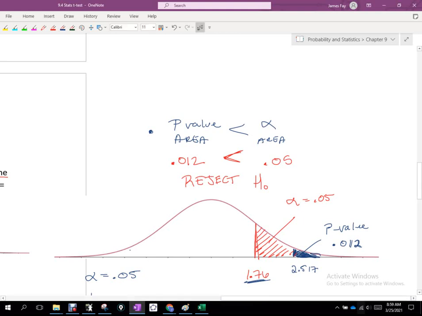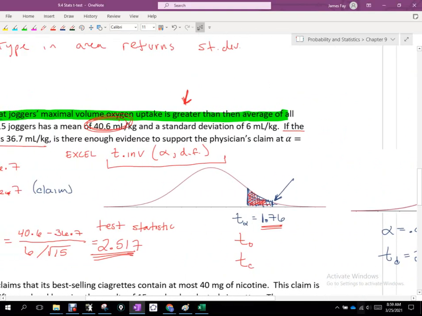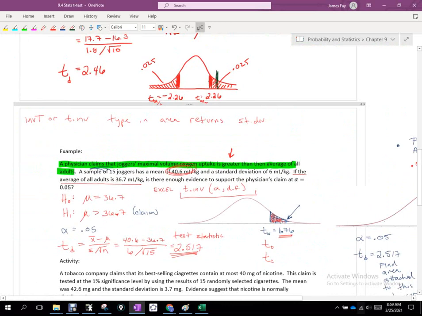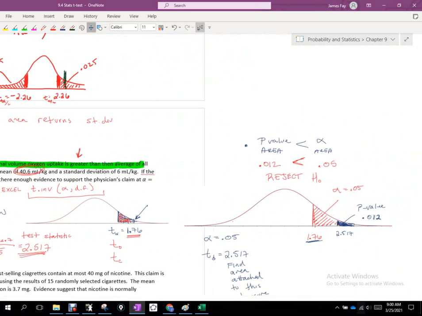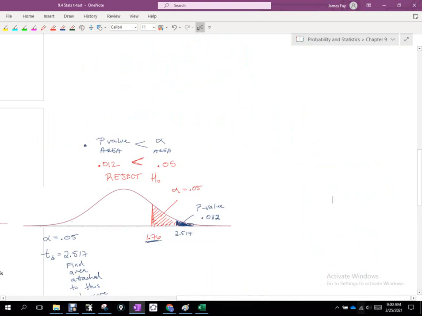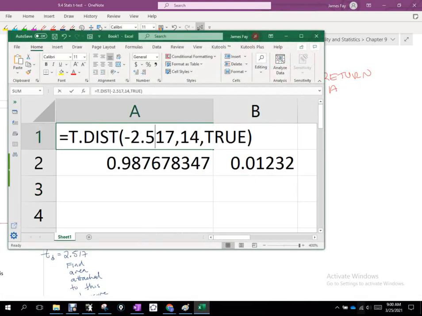The one thing I think maybe, and I get confused with it as well because we don't use Excel and those things all that often, is that the commands t.dist or norm.dist will return areas, because that's what we used right here.